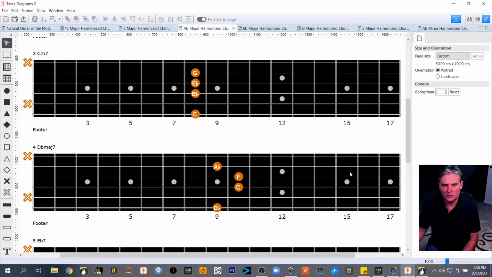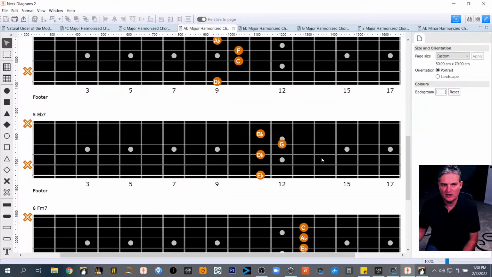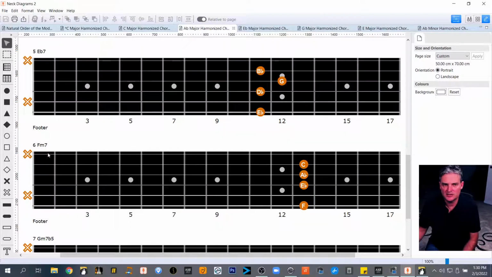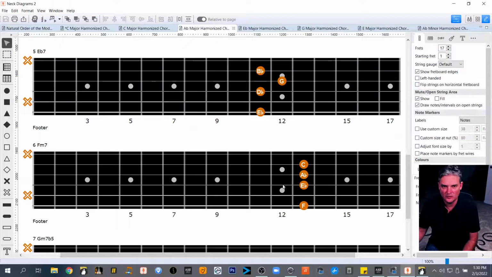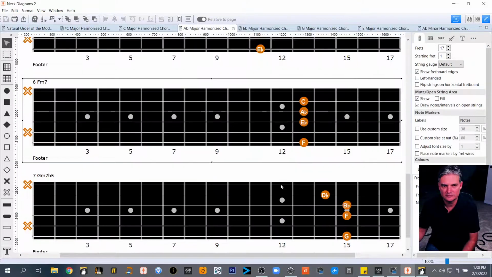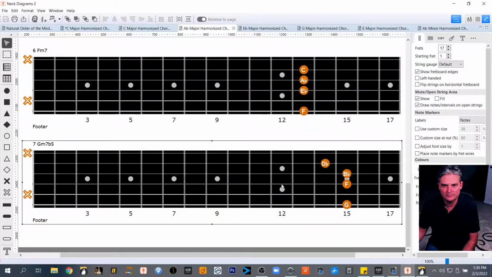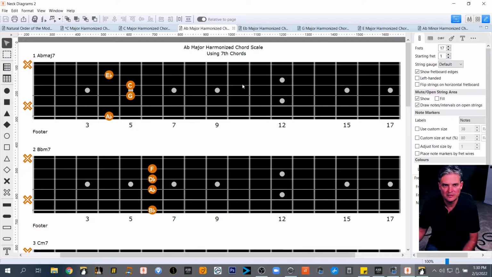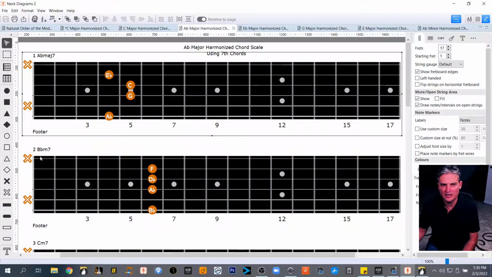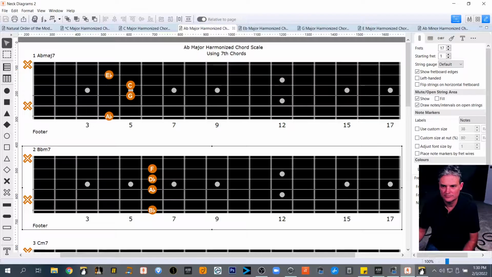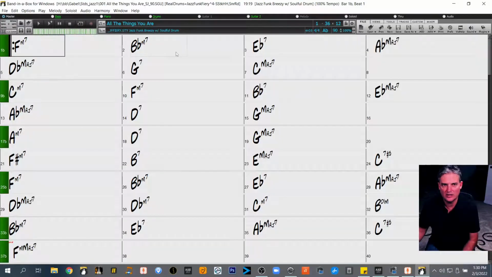So the question was asked, well, what is F minor? Well, F minor is the 6th chord. Now watch this. If we're on 6 and we move forward, like I was talking about earlier, 1, 2, 3, 4, look at that, B flat minor. F minor 7, B flat minor 7.